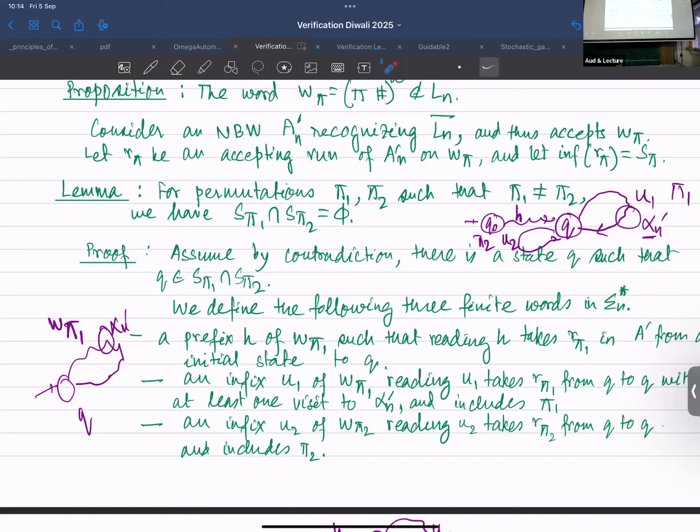Right. So any questions? We have kind of completed the NBW complementation, which is a lot more complex compared to union and intersection. We were looking at closure properties of NBW. It was much easier to look at closure with respect to union and intersection, whereas complementation is much more complex.